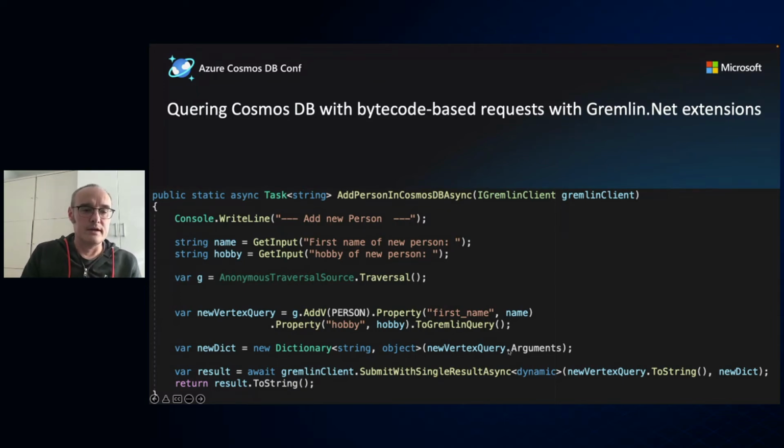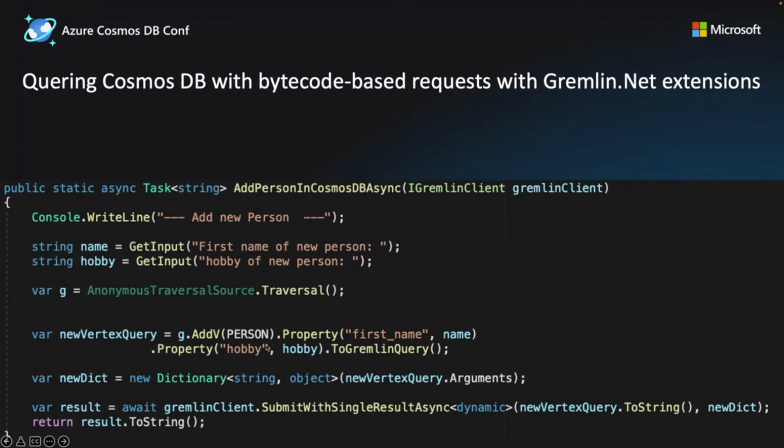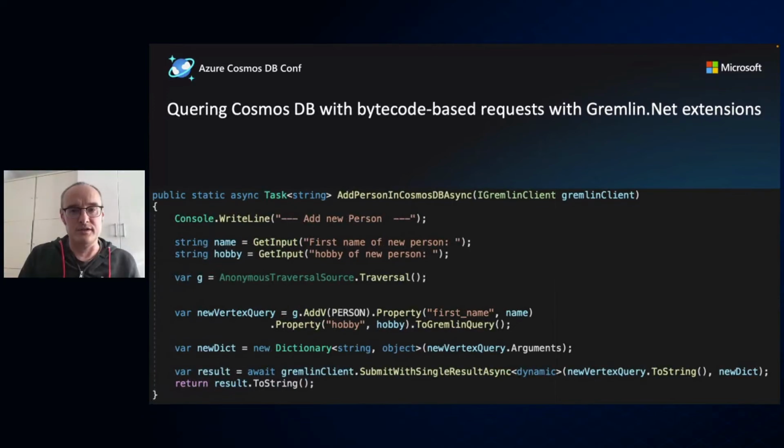But with that approach, we now have a bytecode-based request, but the result is the same as we have in the original script-based approach. So we are only half done, so to say.